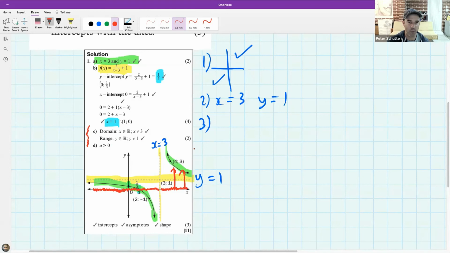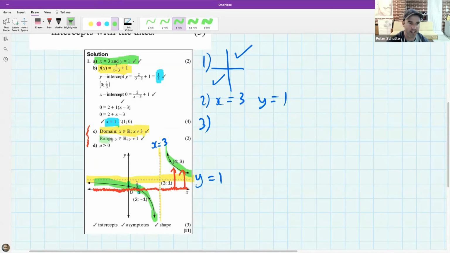So that's why when we talk about the domain of this graph, it can be any x value. So domain is x is any real number, but x cannot be 3. And the same thing happens with the range, except the only value I cannot touch is going to be y equals 1, which is the asymptote.